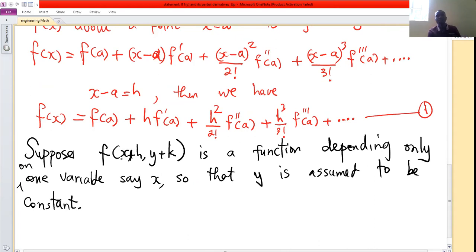So we have a function f of x plus h, comma y plus k. So we're assuming that this function is only depending on one variable, say x, and so we take y to be a constant. So that's the assumption that we give.